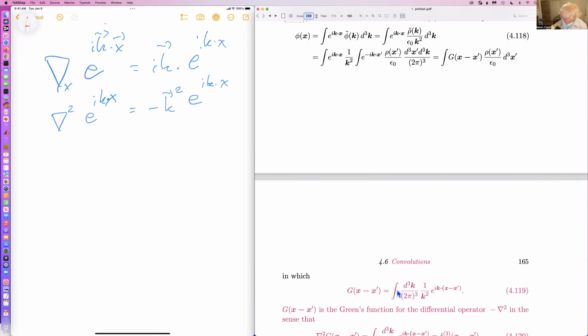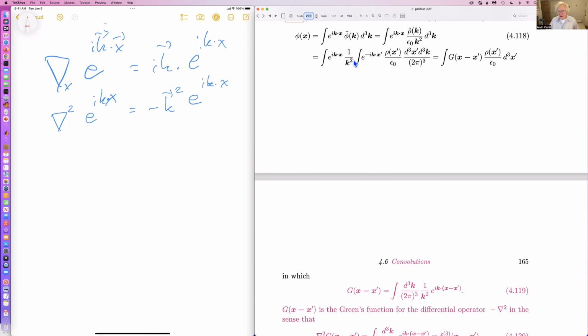Green's meaning invented by Green, or one of Green's functions, having nothing to do with the color green, except that Green's last name was the color green. Anyway, g of x minus x prime then, from this equation, what is it? Well, it's what's left here.